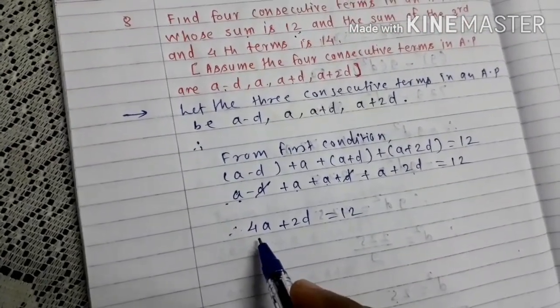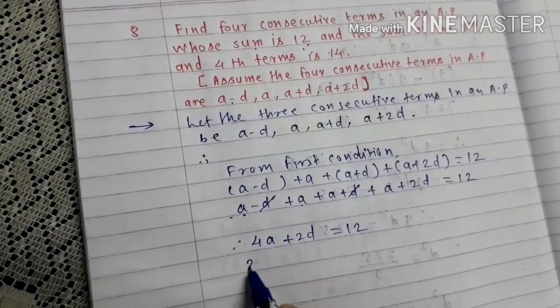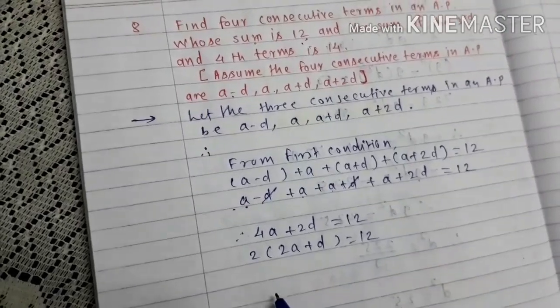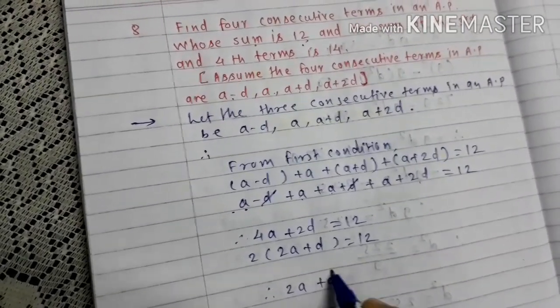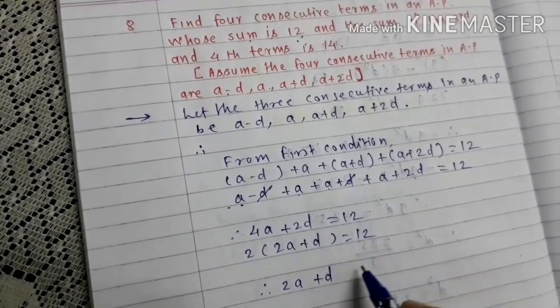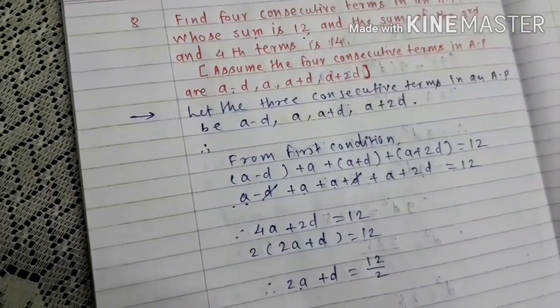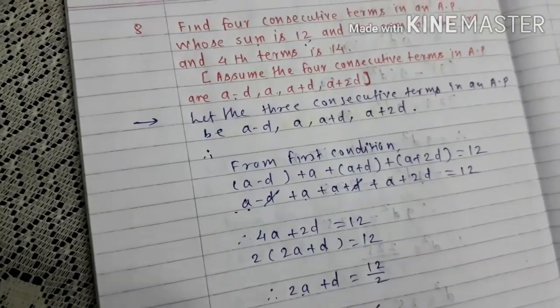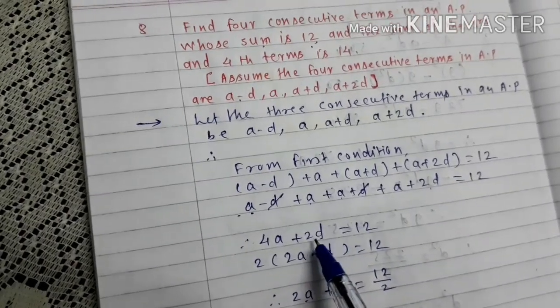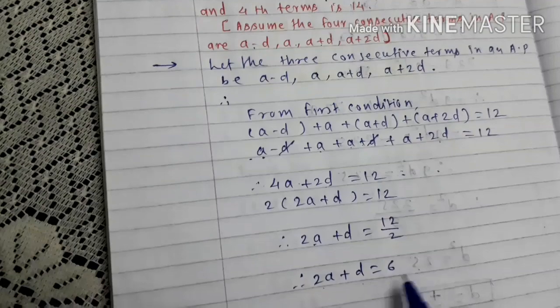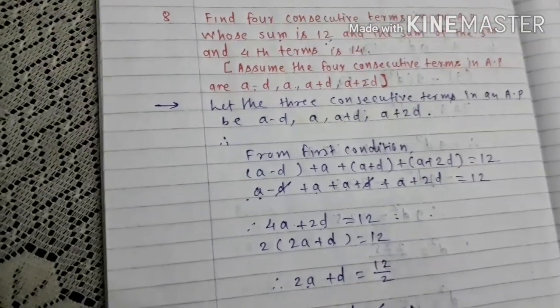Divide by 2, so 2 is common: 2a plus d is equal to 12 upon 2. Therefore 2a plus d is equal to 6. Dividing both sides by 2, you will get 2a plus d is equal to 6, and suppose this is equation 1.